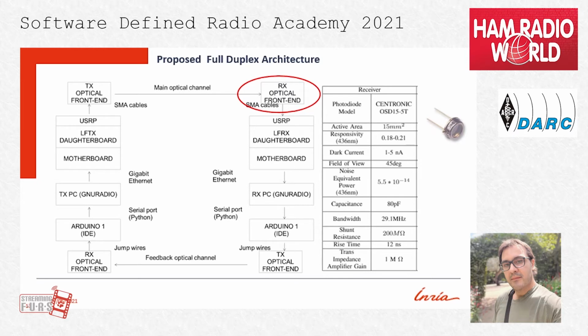It's more or less the same as the LED driver. And we use a transimpedance gain of about 1 megaohm, so a very high transimpedance gain, which is necessary for amplifying the small current provided by the photodiode.